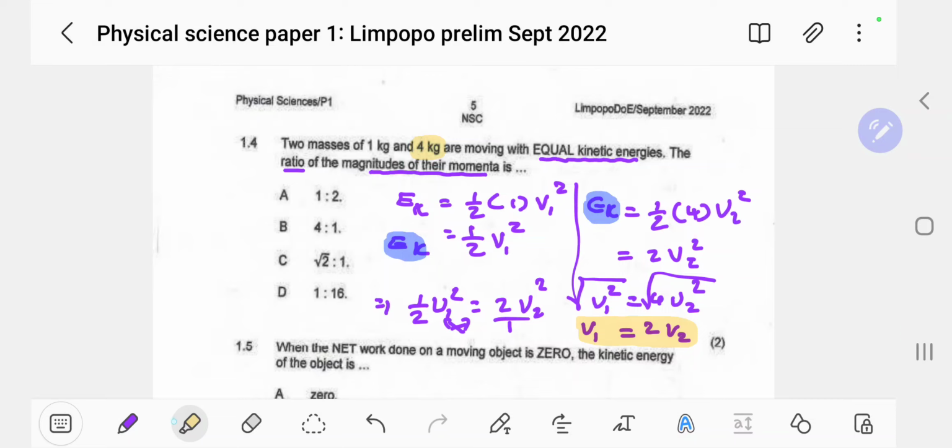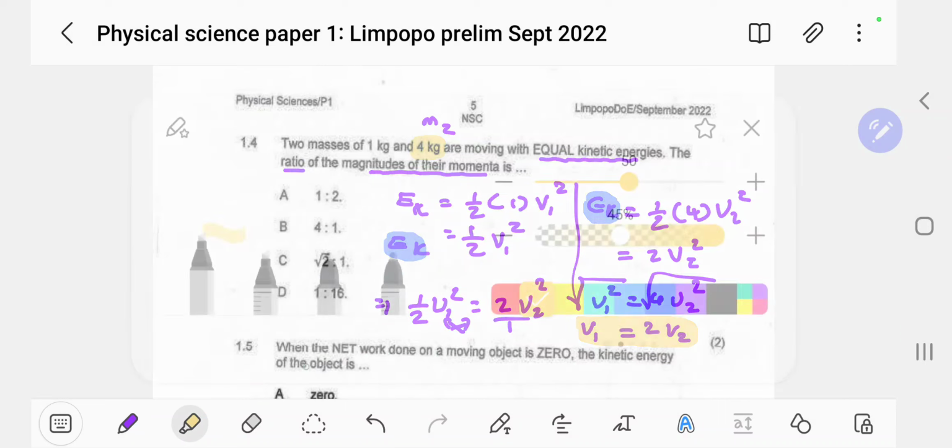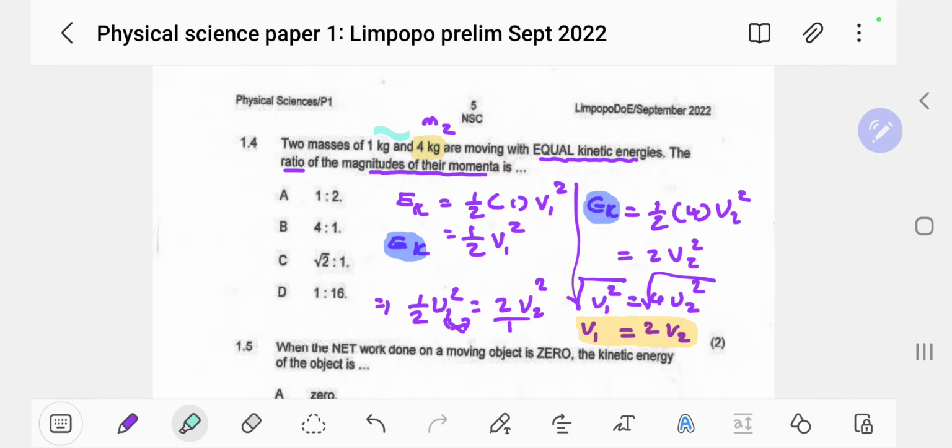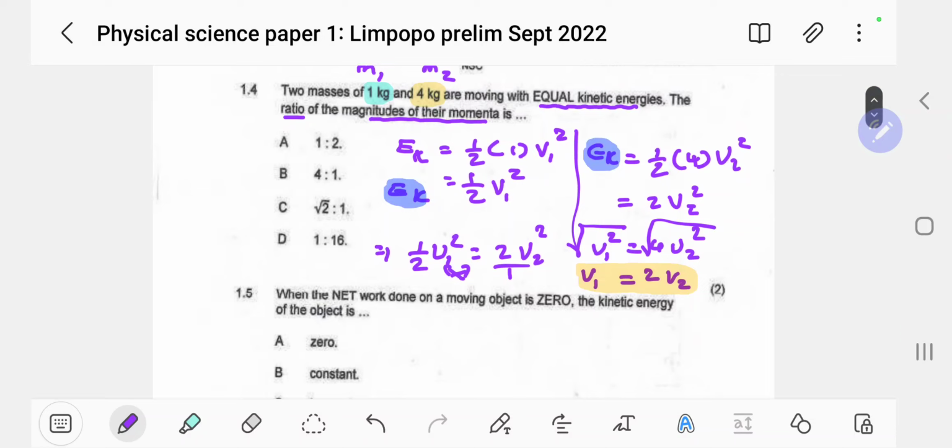Let's call this one M1, and this one M2. What we know is that twice the velocity of the second object is equal to the velocity of the first object. So we can use this to relate these two velocities. V2 is just V2, but we know that 2 times V2 is essentially giving us V1.